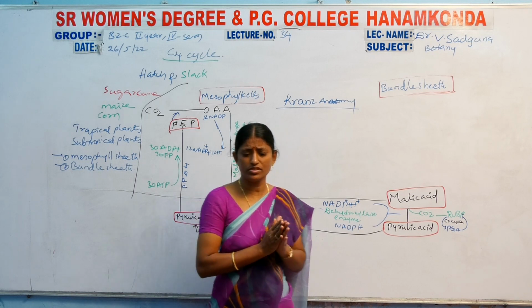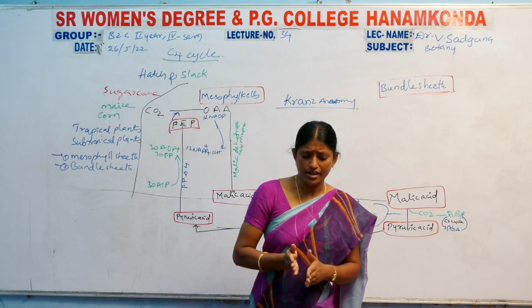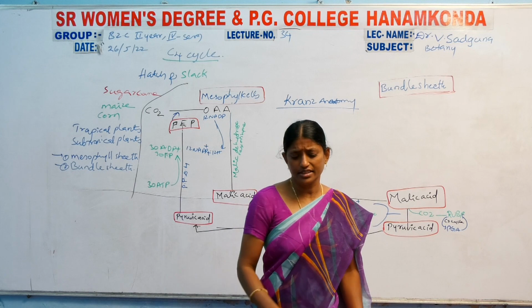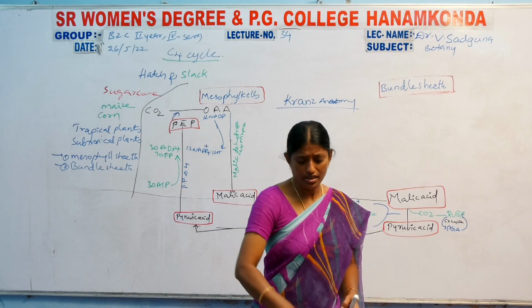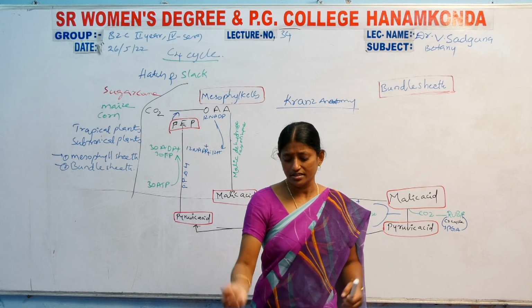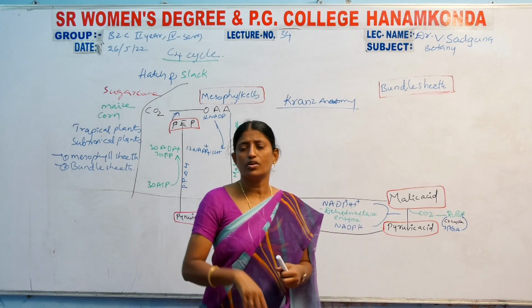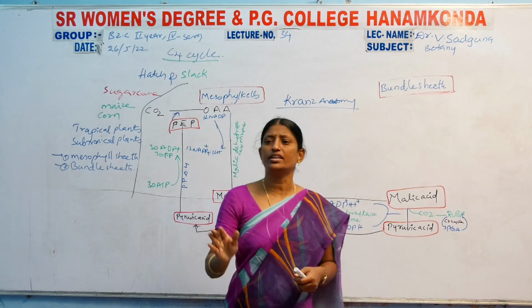Most of the C4 cycle provides the bundle sheath surrounding, which is in the Kranz anatomy. Kranz anatomy means the round of the sheath, they don't have any interspaces.